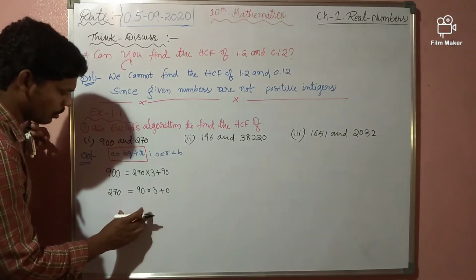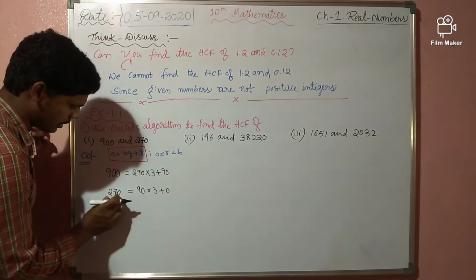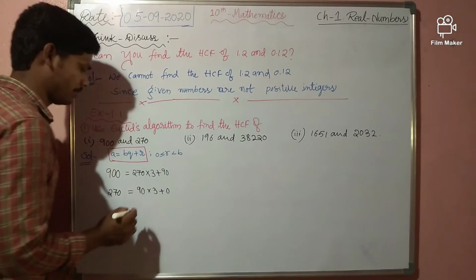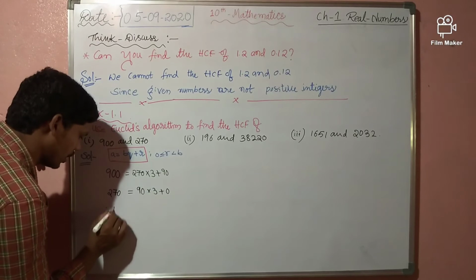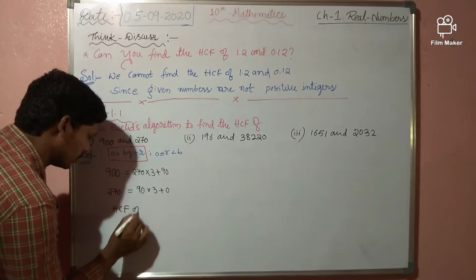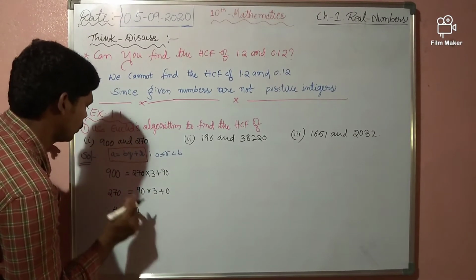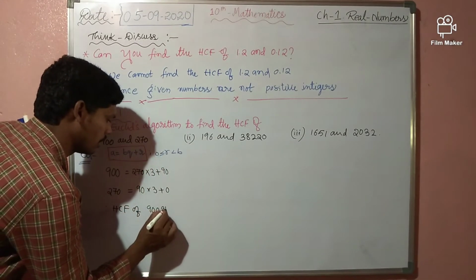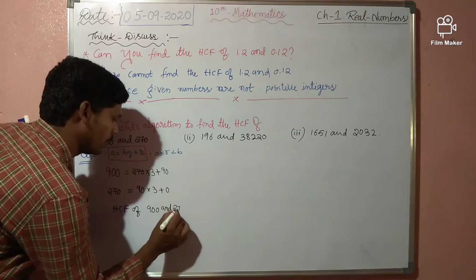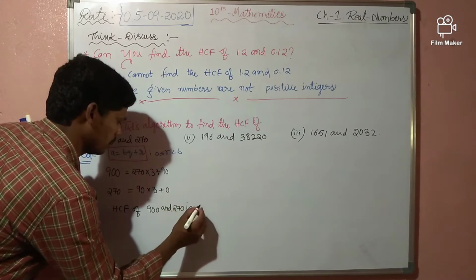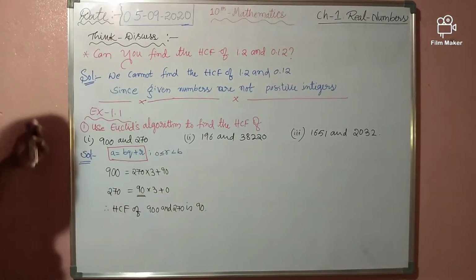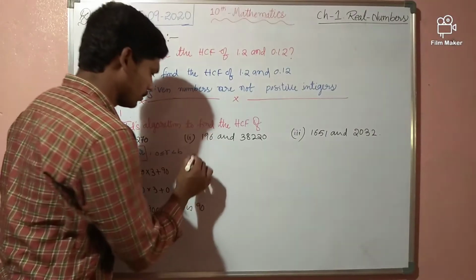So we can stop here, and the last divisor 90 becomes your HCF. Therefore the HCF of the given two numbers, 900 and 270, is 90. This is the solution.